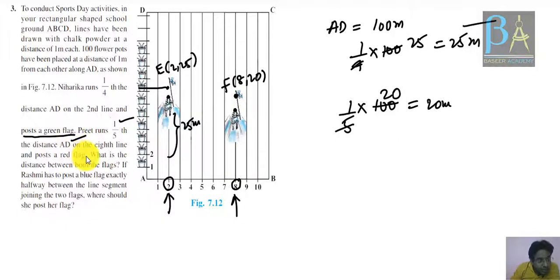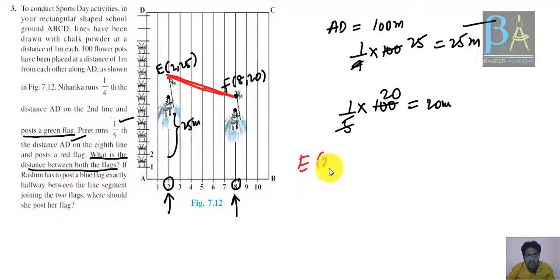Now what do I need to do? I need to find out the distance between both the flags. So I want to find out the distance between EF. How do you find out the distance between the points E and F? You can use the distance formula.